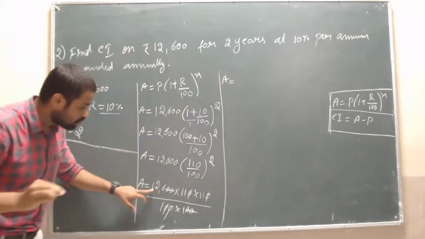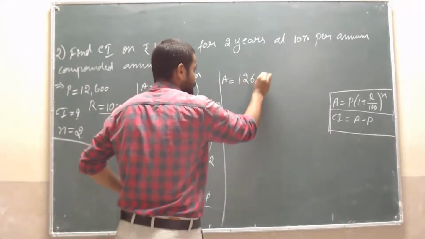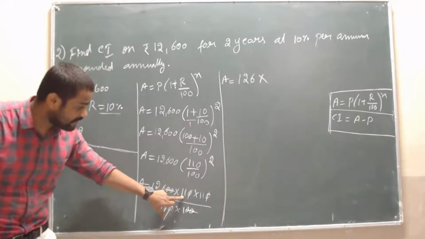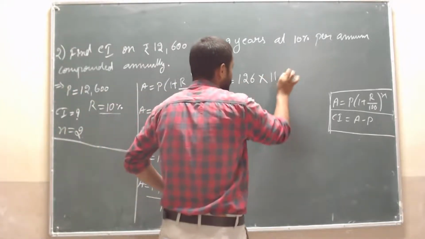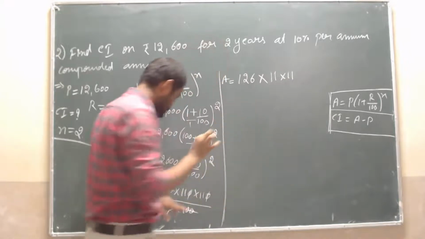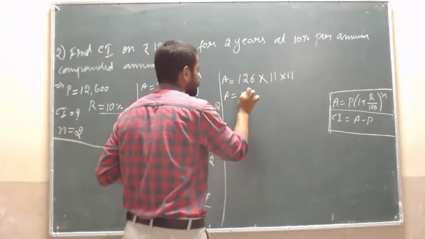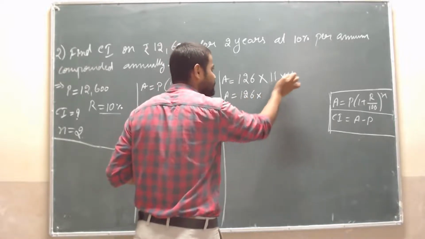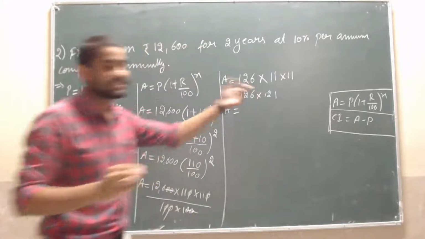A is equal to 126 into 11 into 11. Clear? 11 into 11 is 121. Then A is equal to 126 into 121. Then the amount is 126 into 121.